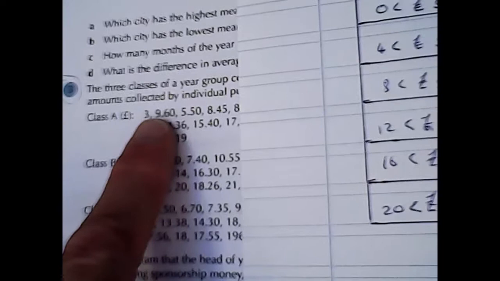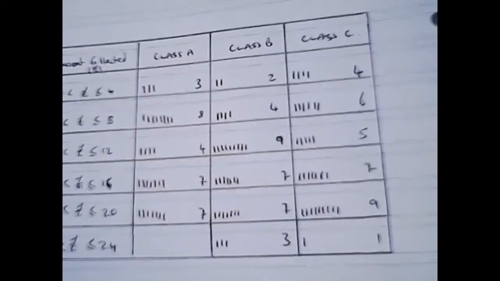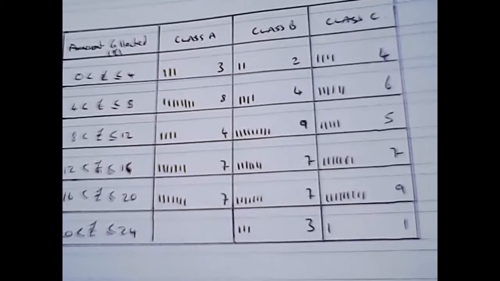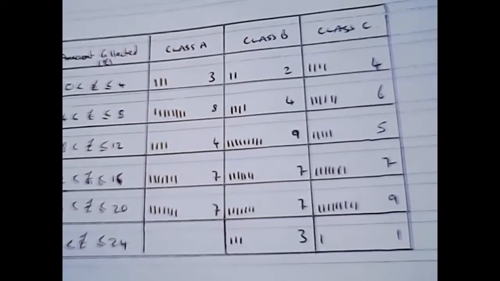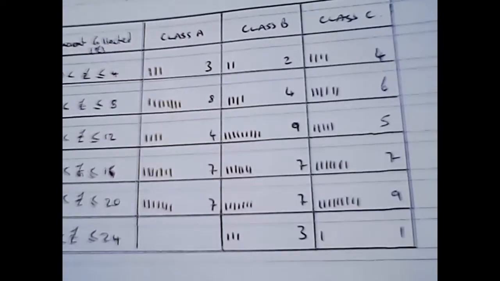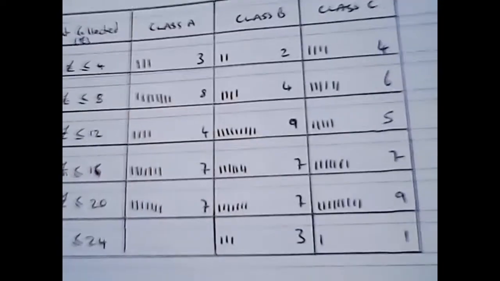Next one, 9.6, where does 9.6 go? 9.6 goes in this one here, and I just made a tally for them, and then added up to get the total frequency for each class. There's 2 classes here, the class of the students and the class of the group, if you like. But anyway, that's how I worked out the totals.